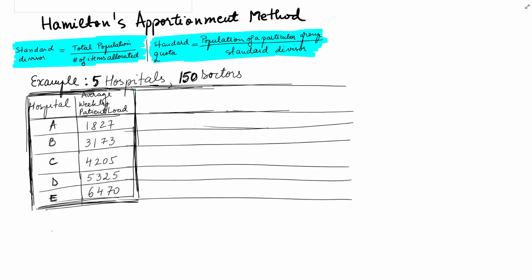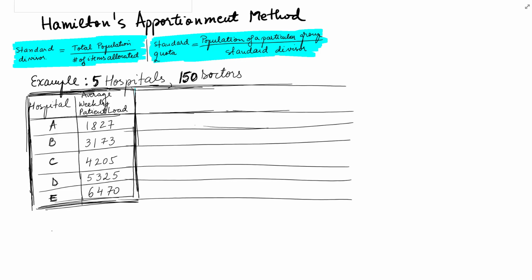So let's say we have this specific example. We have 5 hospitals and we want to apportion 150 doctors. And as you can see, I didn't say divide 150 doctors because I do not want to divide them evenly and say 30 doctors for each hospital.